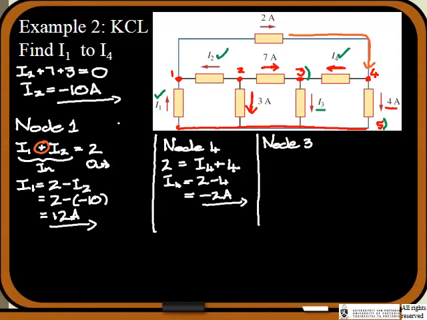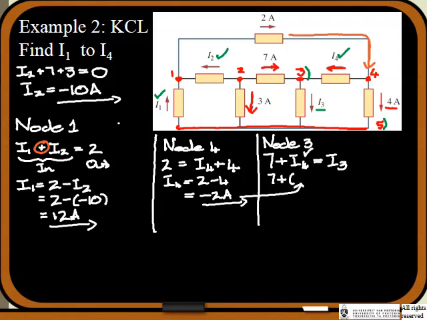So what happens there? All the currents coming in must equal the currents going out. So what's coming in? There's 7 amps coming in. Then there's another I4 coming into that node, and the only current going out of that node is I3. But we already know what I4 is, so we can say 7 plus, what is I4?